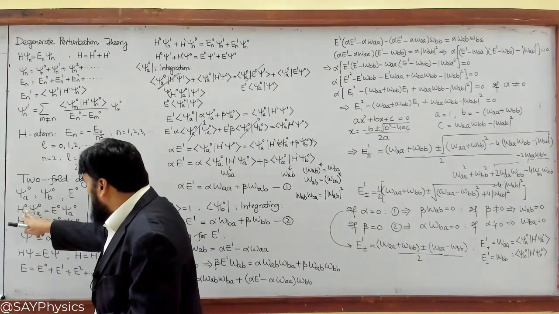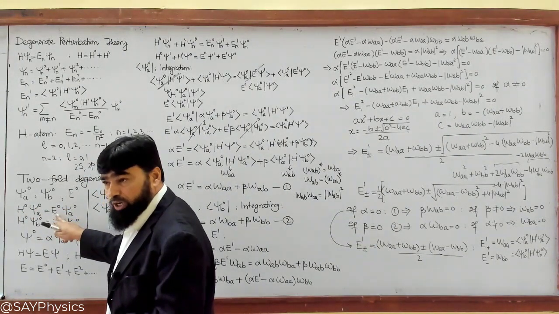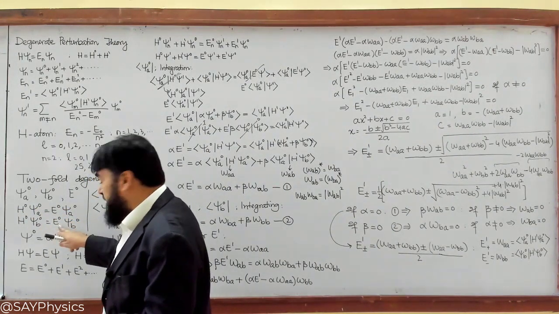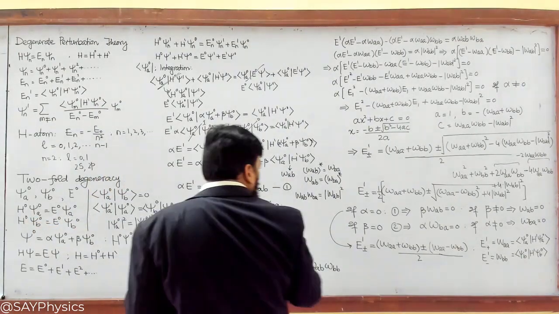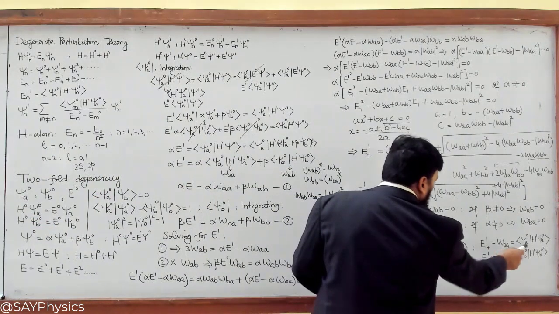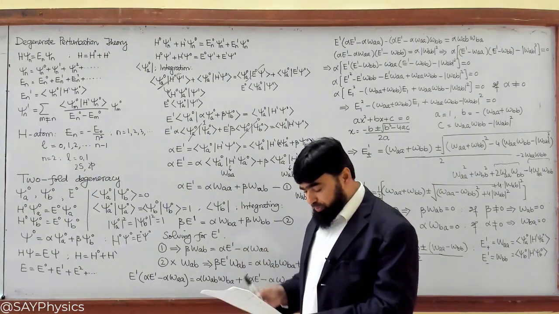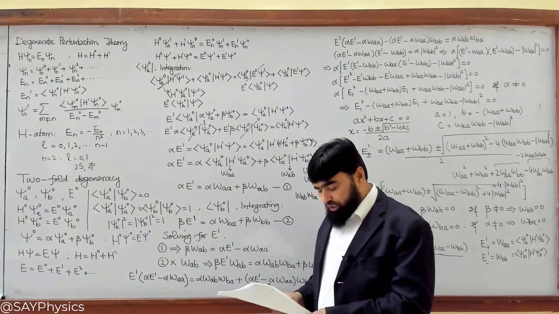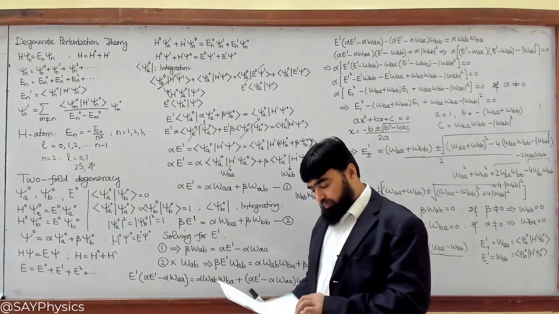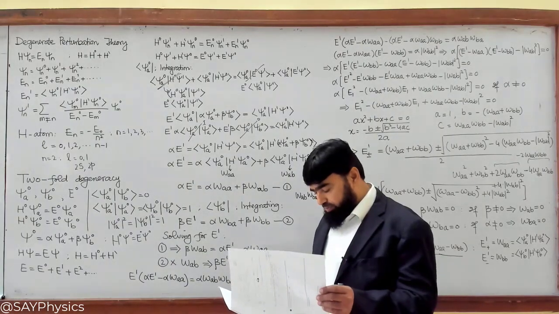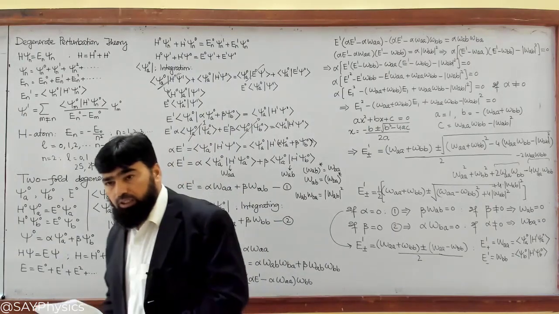You see here H0, A0, same value here and same value here. But now the H prime when operates, we are getting two different values. So it means that degeneracy has been left. We have removed the degeneracy.